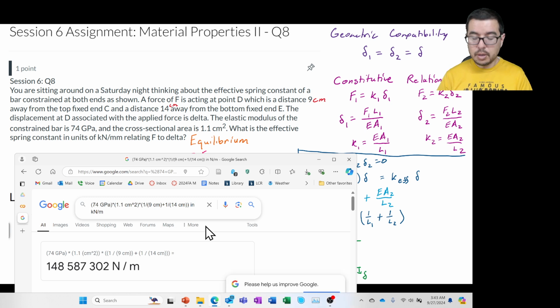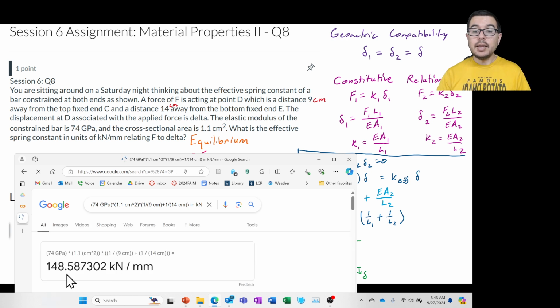Is that going to work? We know even before we hit enter here, right, that kilonewtons per millimeter is going to be the same as dividing this by 1,000,000, if you do the units out. So let's see. Does it do it? It did. So it's about 149 kilonewtons per millimeter.